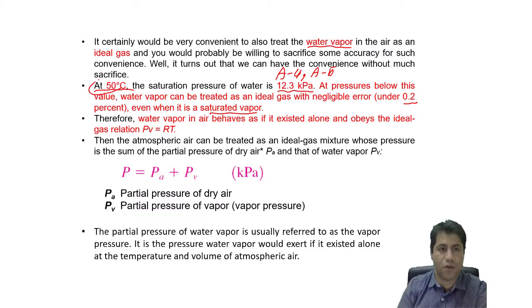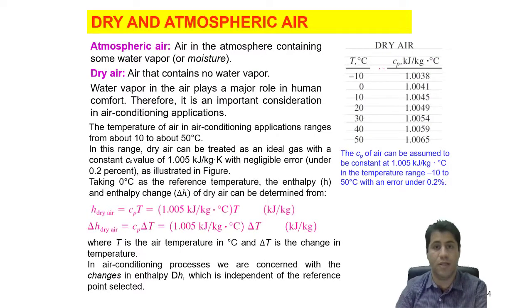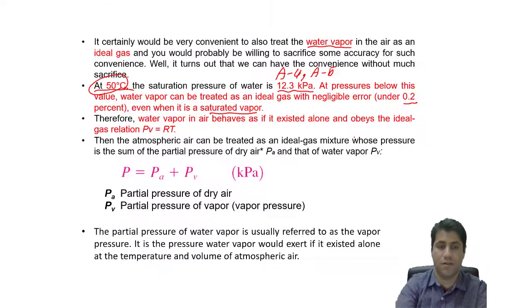As I told you, the temperatures in air conditioning systems are between -10 to 50 degrees Celsius. And here we have an assumption: at temperatures below 50 degrees Celsius, if the saturation pressure of the water is less than 12.3 kilopascal, then we can say that we have an ideal gas.